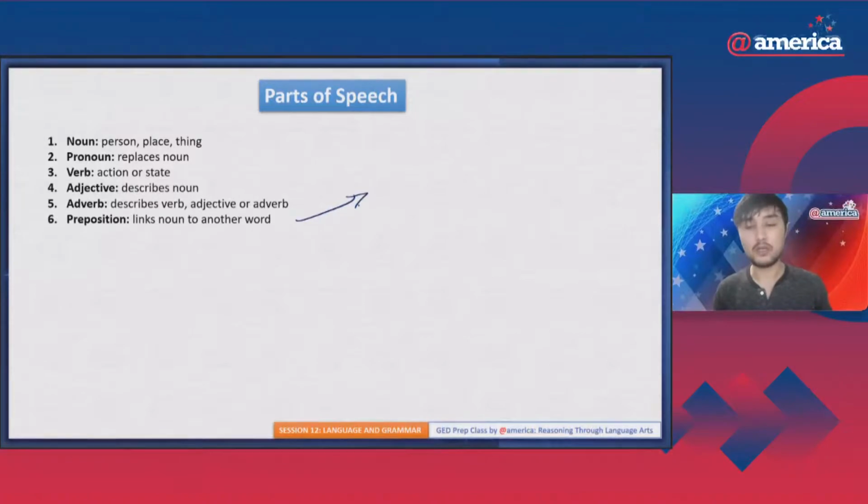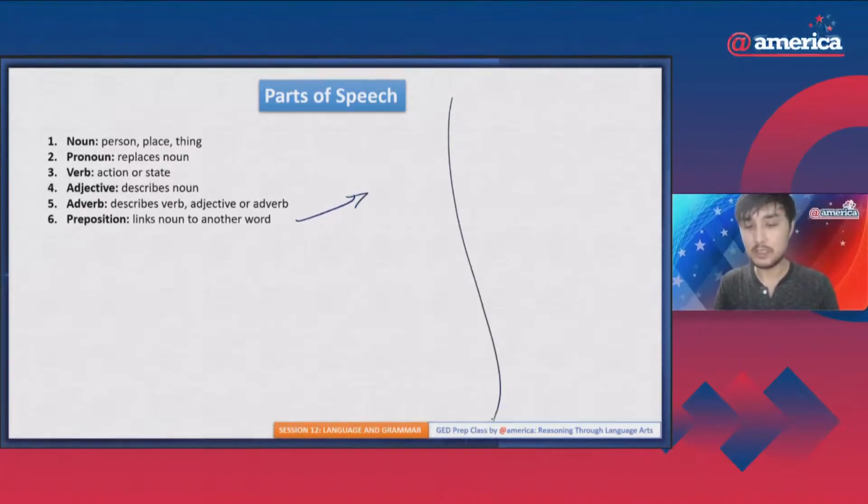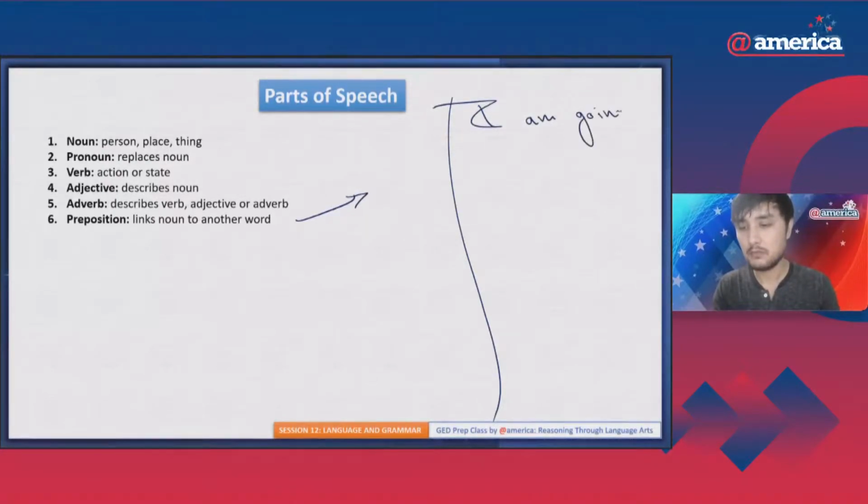You have prepositions for places, of course, for time as well, but let's just focus on simple sentences. So we say that, I am going to mall.